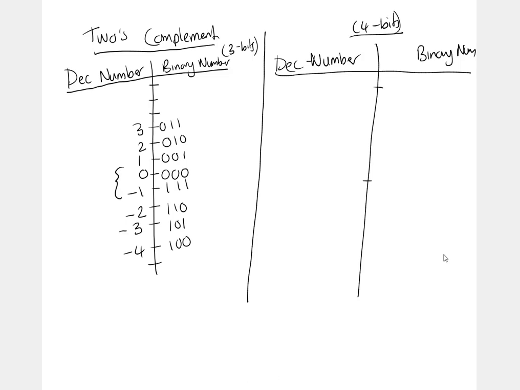So I'm just going to count 1, 2, 3, up to 16. Okay, so let's count 0 to 7: 0, 1, 2, 3, 4, 5, 6, 7. So with 4 bits, 7 is going to be 0, 1, 1, 1.